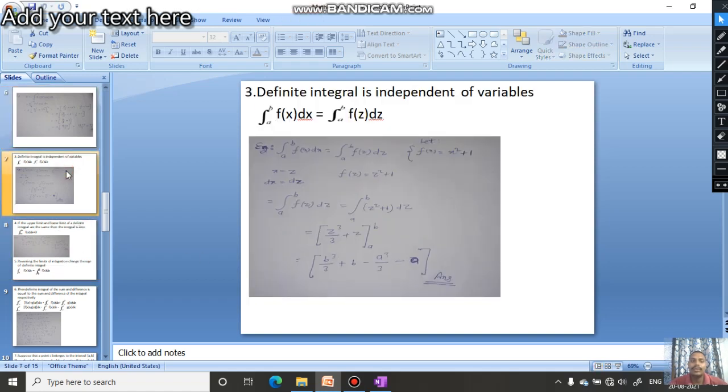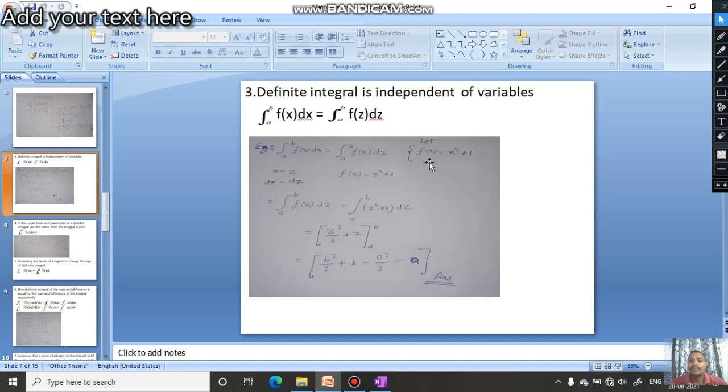Then we are moving to the next property. Definite integral is independent of variables. That means definite integrals do not depend on any kind of variable. Here a to b f of x dx is equal to a to b f of z d of z. I am solving one question based upon property number 3.